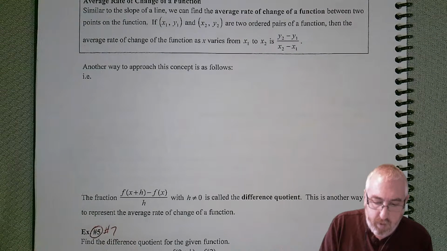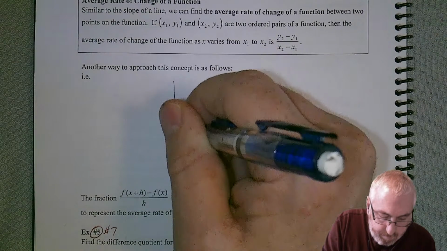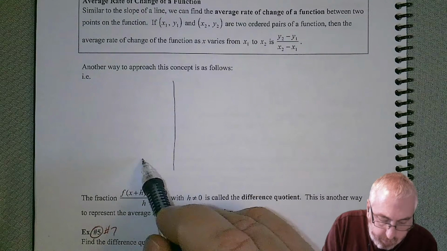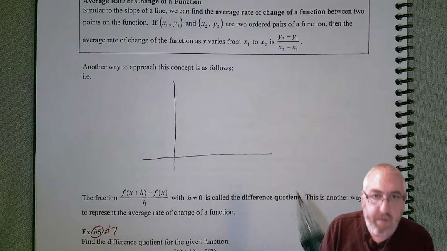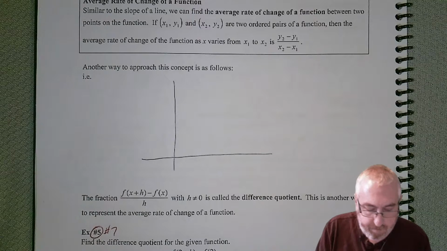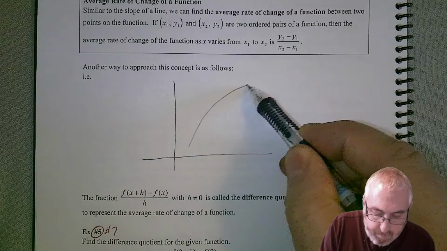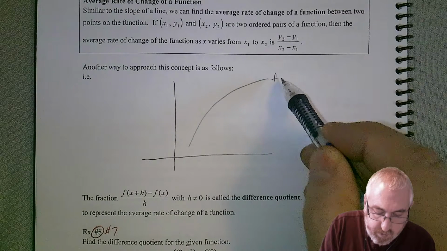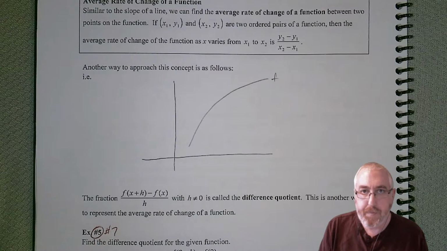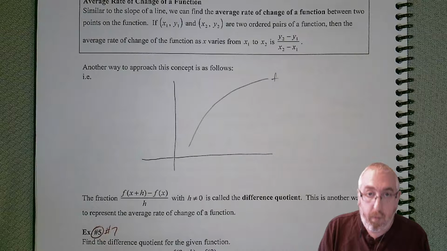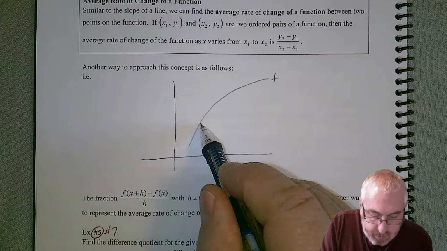So if we have a function, and I'm going to draw it in the first quadrant just to make life easier for us, and let's say the curve looks something like this. So this is our function f. The first point I want to describe is right here.